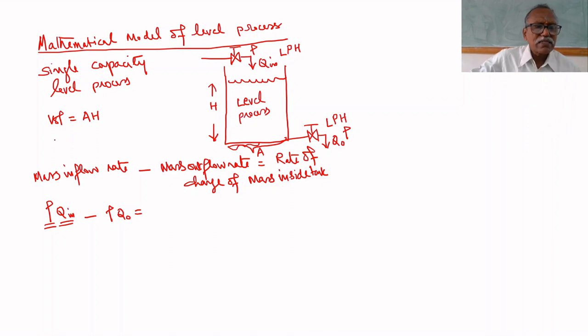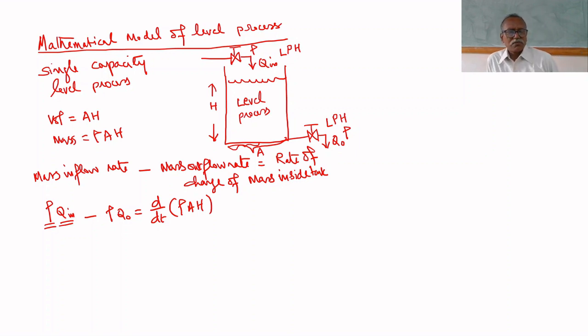Mass inside the tank is rho AH, volume multiplied by density. Here the rate of change of mass is therefore d by dt of rho AH.